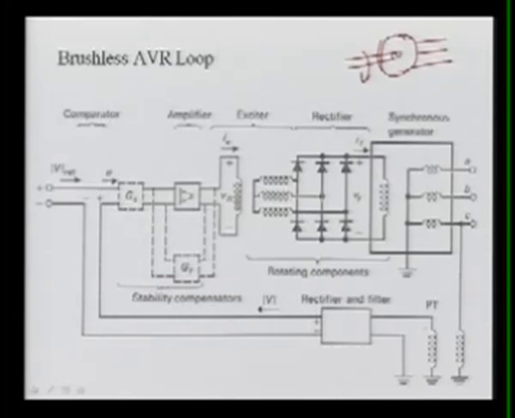Because for higher voltage, rotating brushes etc. are very, very difficult to manage. Since we are going for very huge power, sometimes 500 megawatt, or MVA you can say, or voltage sometimes 21 kV, very high voltage.